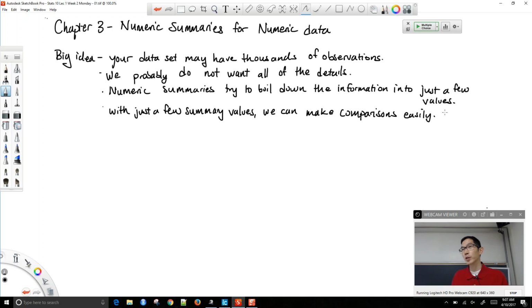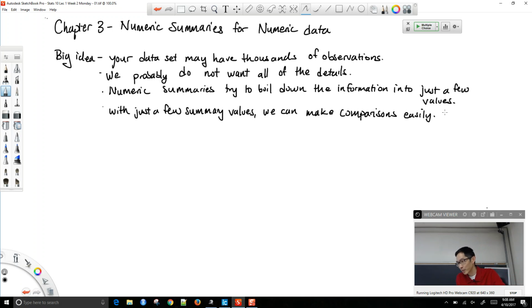The GPA is an example of a numeric summary, and it's supposed to be a single number that summarizes your entire academic career or academic performance, right? How did you do in college overall? We try to summarize that with a single number, so much so that you might put it on your resume if you're proud of it, okay?